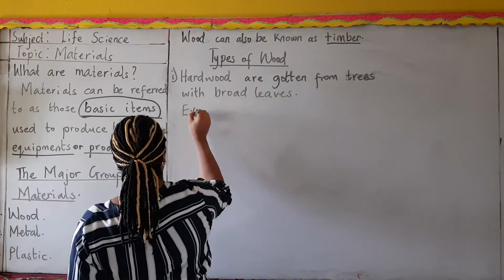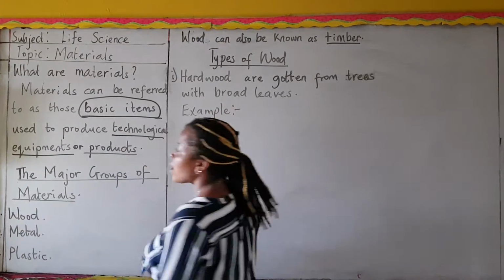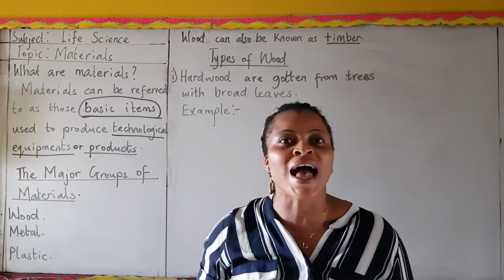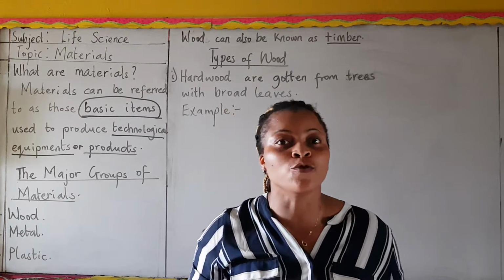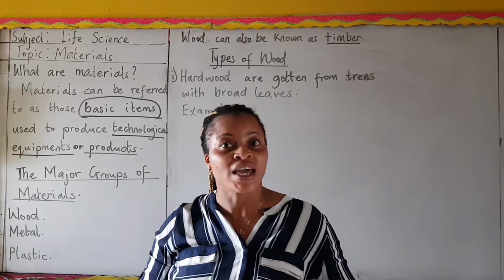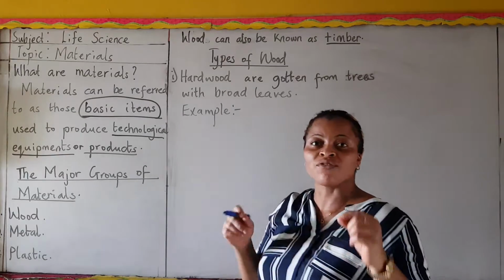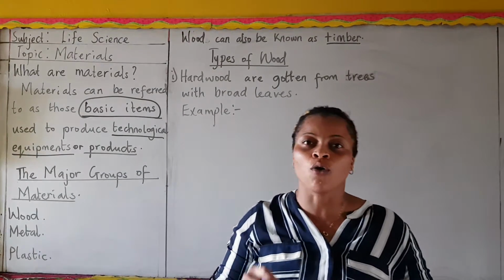Example. Now I'm going to give you an example. If you follow a mango tree, for example, the mango tree has broad leaves, isn't it? Now, the log of wood you get from that mango tree that you fell is called a hardwood. So, we have the mango tree, we have the iroko, we have the obeche, we have the mahogany.